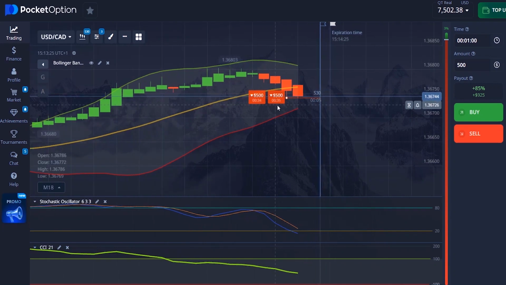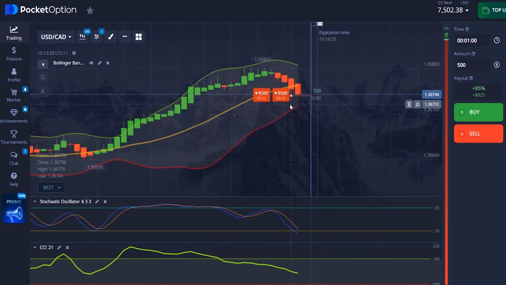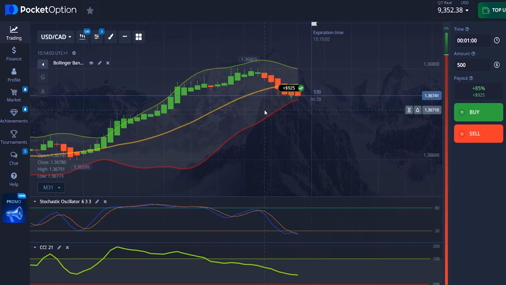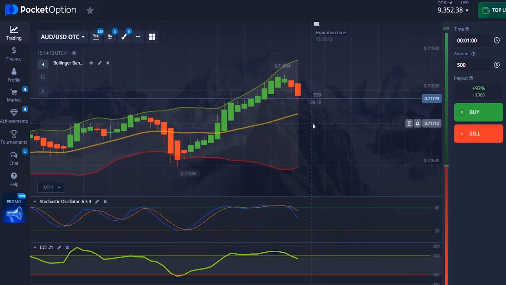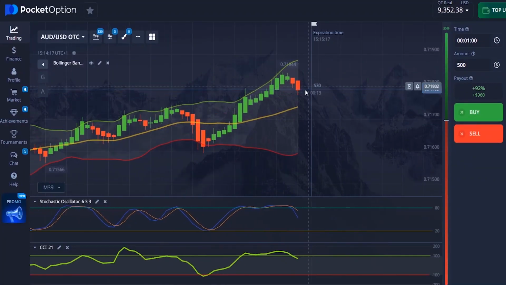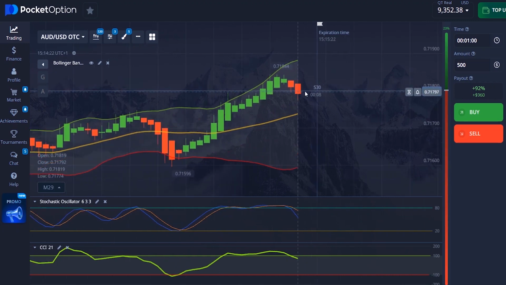So right here I have 34 seconds to go. So right at this point I make another win. So right here I'm also finding another opportunity. I'm waiting for the next candlestick to be a stable candlestick. So I got all my confirmation from my indicators.